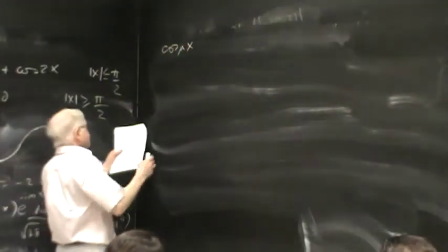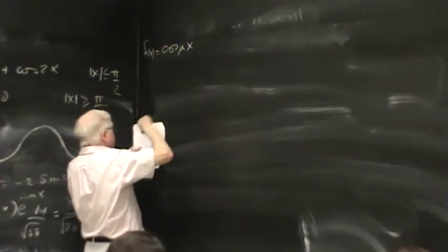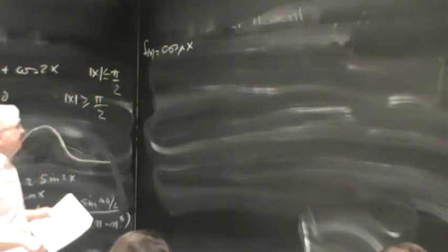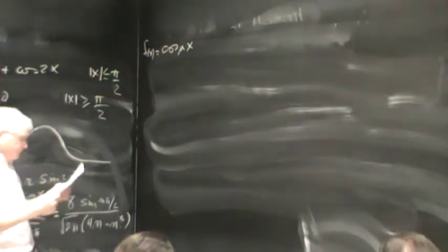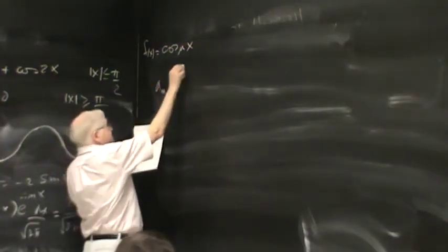So f of x is cosine mu x. The coefficients: the function's even. We're doing the interval minus pi to pi for simplicity, so all the sine coefficients are 0. The thing is real. So we just have to do the cosine coefficients.